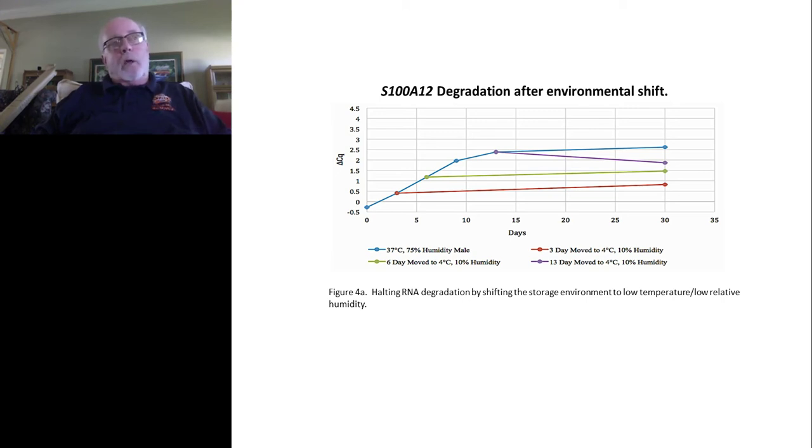So it is reversible in the sense that you can promote degradation or retard or stop it altogether, and it happens fairly quickly. Once you make that temperature shift to the more stable environment, degradation halts, which to me suggests that a chemical process may be involved here in degradation as opposed to an enzymatic one.